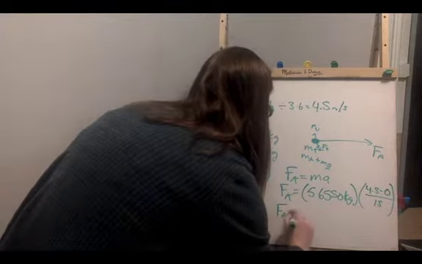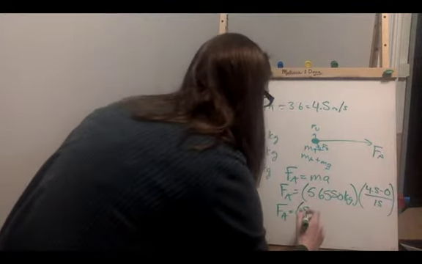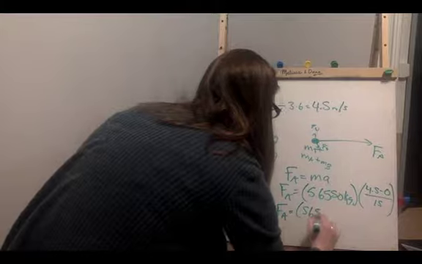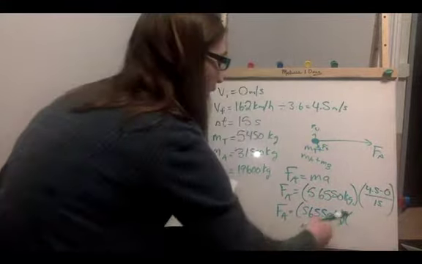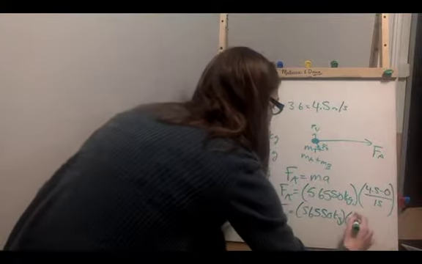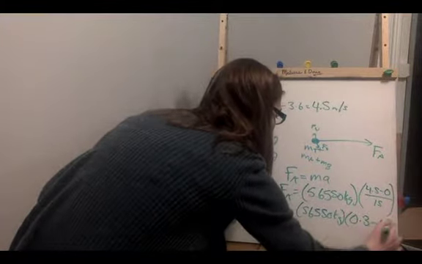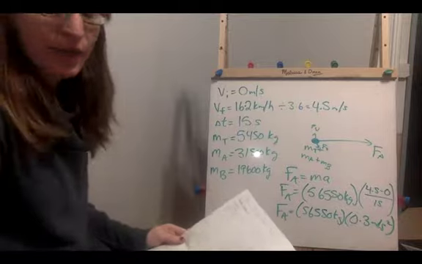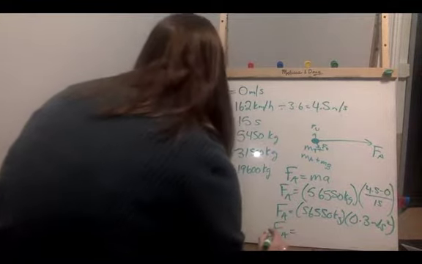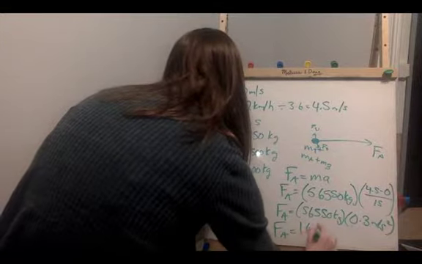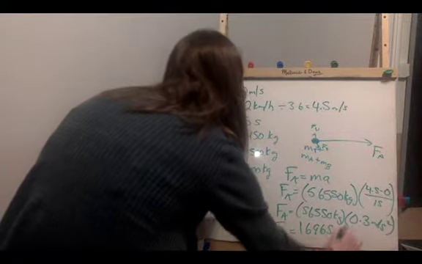So our applied force, force equals mass times acceleration, is 56,550 kilograms multiplied by 0.3 meters per second squared. Multiplying those two values together, we get 16,965 newtons.